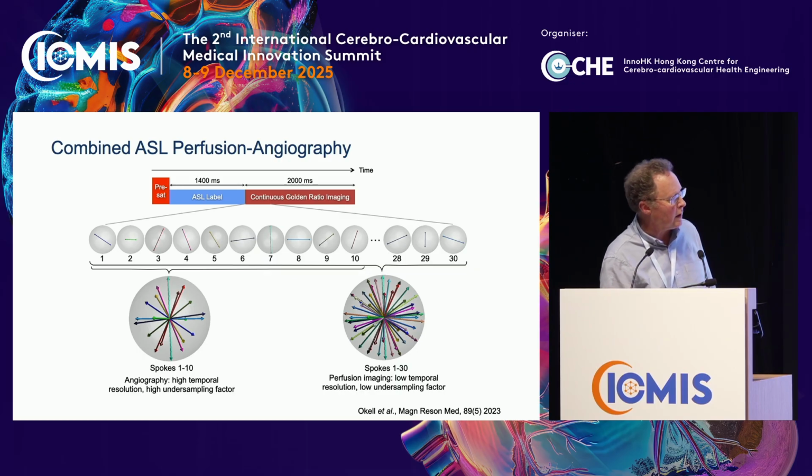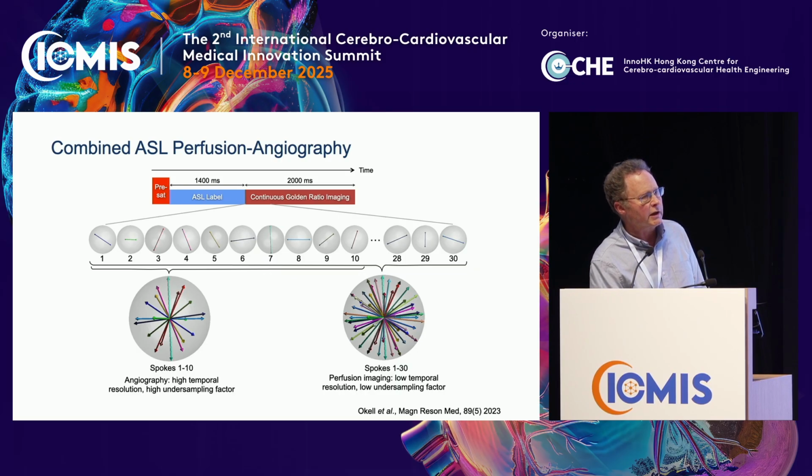And these are some experiments that Tom Okell in the lab has run, in which he's done exactly that. So he's used a series of radial spokes that have been performed in a golden ratio manner. And from taking a smaller number of high temporal resolution spokes and using undersampling theory, compressed sensing theory, you can extract a series of angiograms at different phases following the labeling.